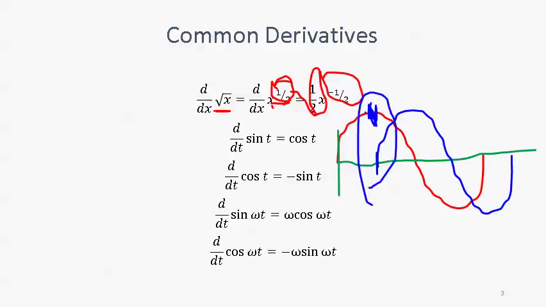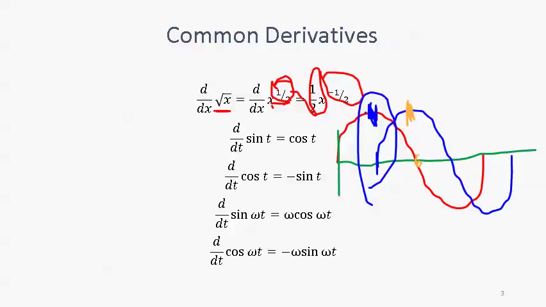Now on the same graph, we can look at the derivative of the cosine and make the same analysis. When the cosine reaches its maximum, that's at 90 degrees, its vertical velocity is 0.